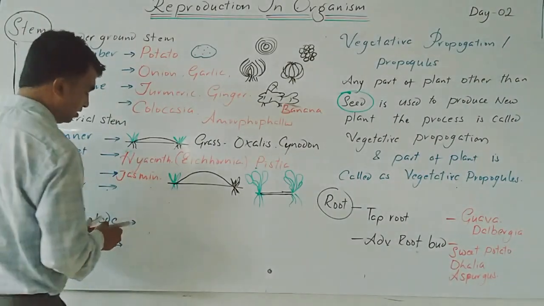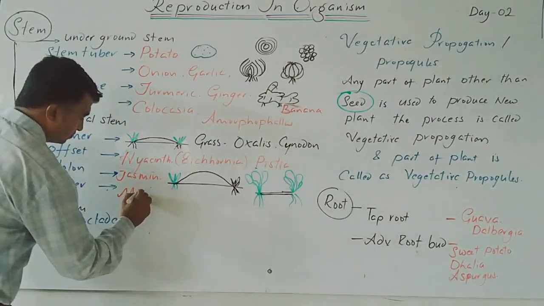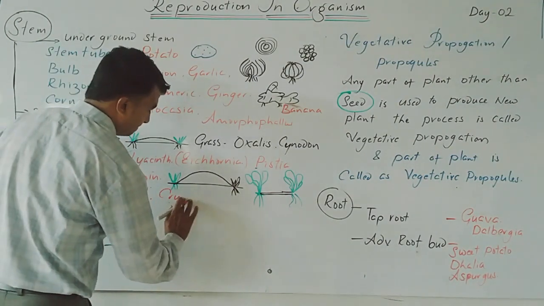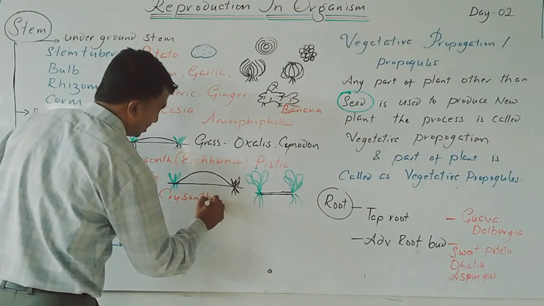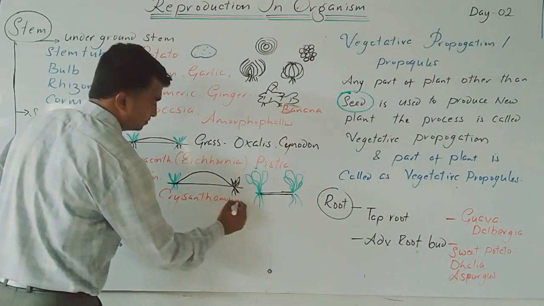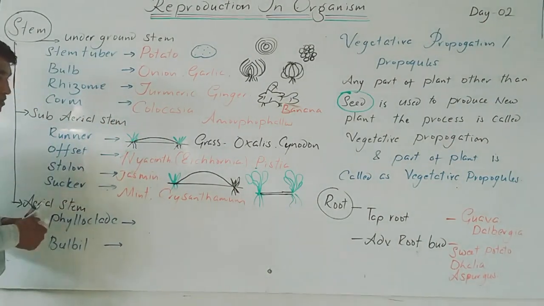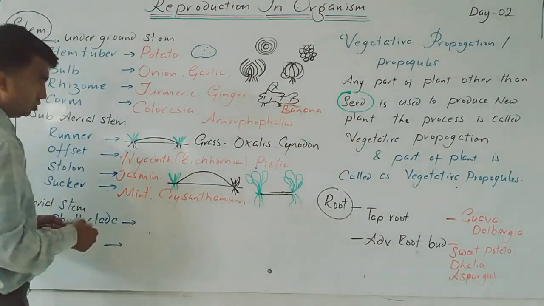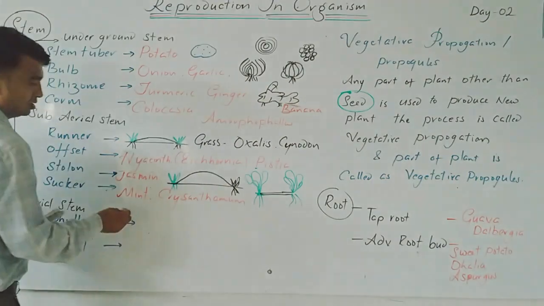Last one is the sucker. Examples: mint and chrysanthemum. Sucker means, even if you take the banana, the rhizome is present.